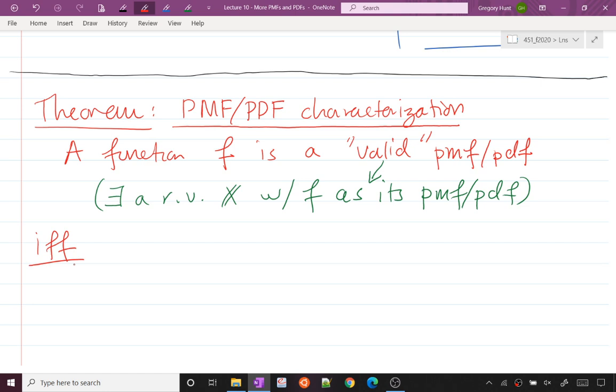If it's the CDF, if we have a random variable and we take its CDF, these properties hold. Okay? Similar thing for PMFs and PDFs. If I have a function f, there's some random variable with this thing as its PMF or PDF if these conditions hold.